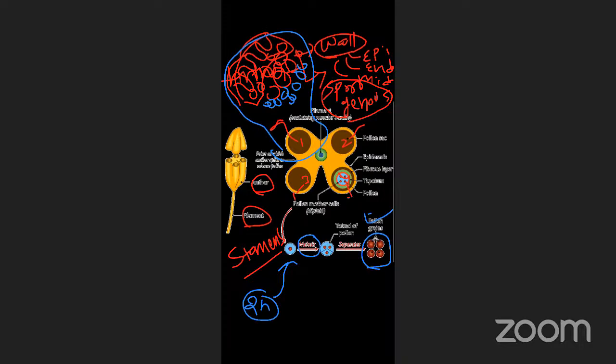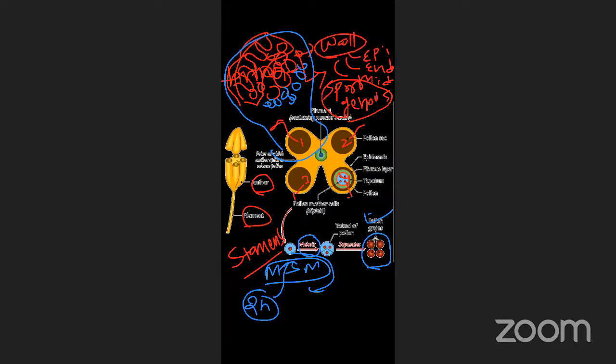In successive development, first this is microspore mother cell, MMC. After microspore mother cell formation, here the meiosis division takes place. You remember one thing, meiosis has two stages, meiosis 1 and meiosis 2. After meiosis 1, what happened?